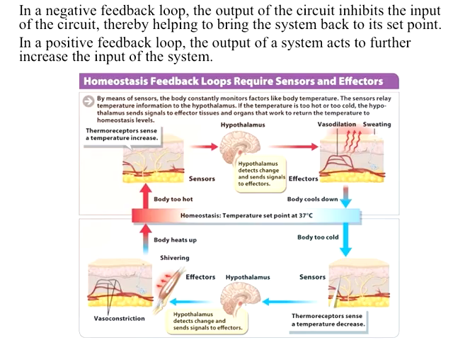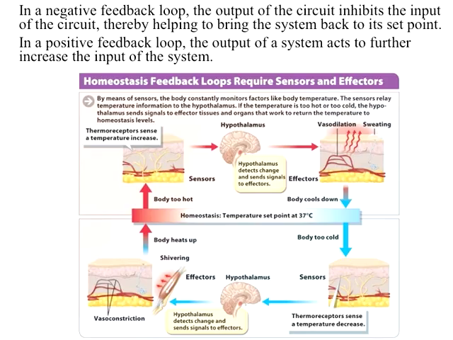Now here you have that example. Red on the left is hot temperature, so the body is too hot. On the right is too cold. When the temperature gets too high, as we explained, we are going to have vasodilation and sweating, meaning that that's going to generate a cooling of the body, and that cooling is going to be perceived by those sensors and sent back to the hypothalamus, so the body will stop doing that cooling effect.